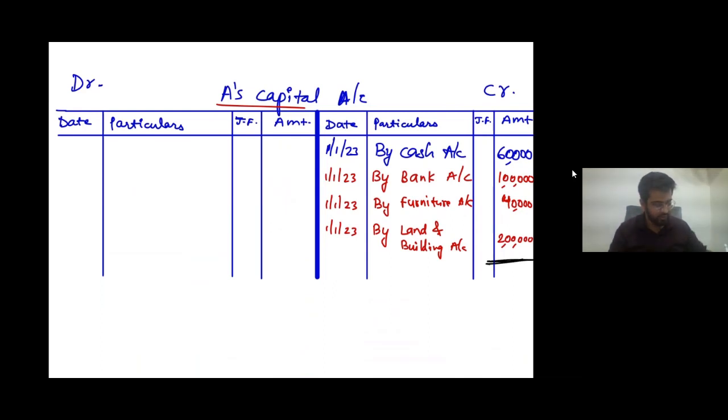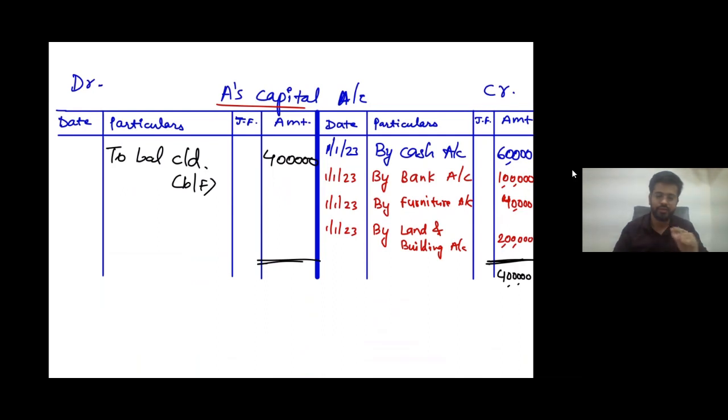Whatever is on the credit side, I will total, that is 4 lakh rupees. And I will mention it as to balance carried down 4 lakh. This is the balancing figure. Here B/F represents the balancing figure, not boyfriend. Okay, so here the balancing figure would be 4 lakhs.